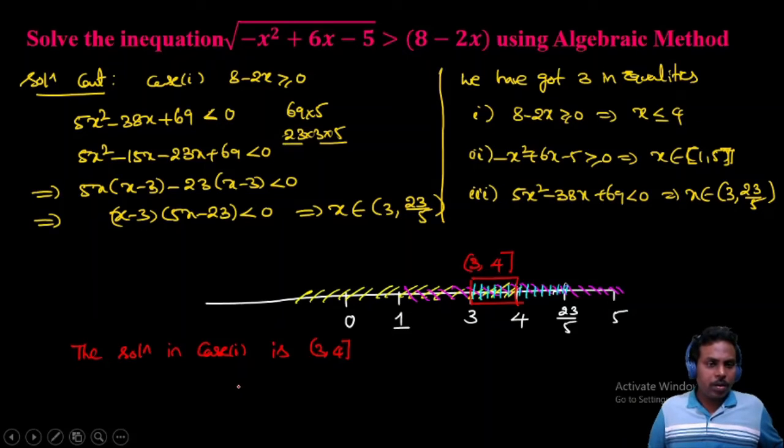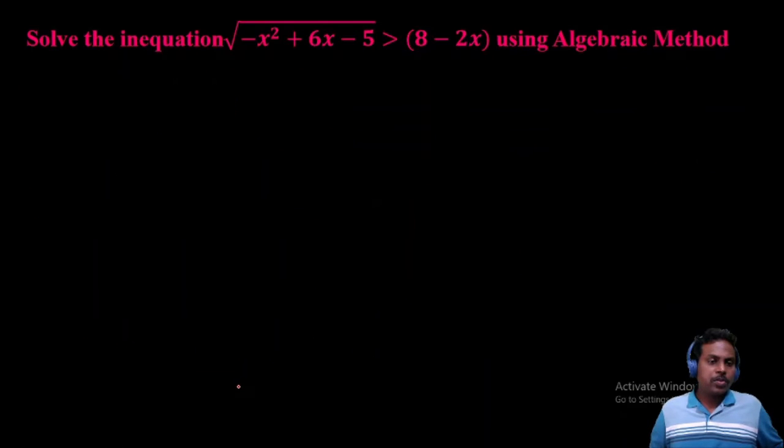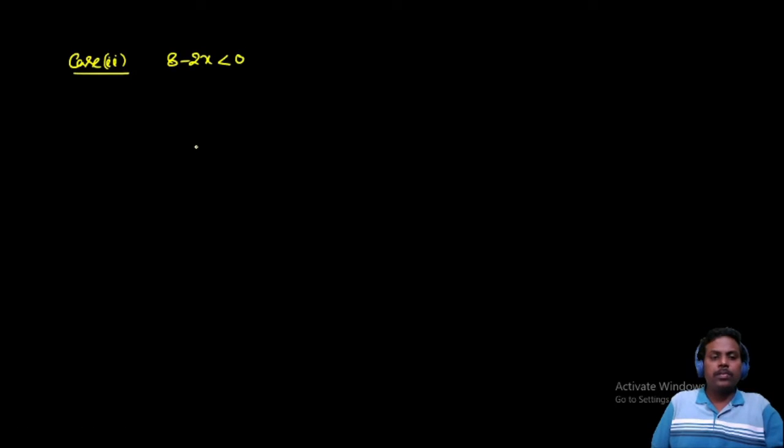Okay. Now let us solve case 2. Case 2 is what actually? 8 minus 2x is less than 0.